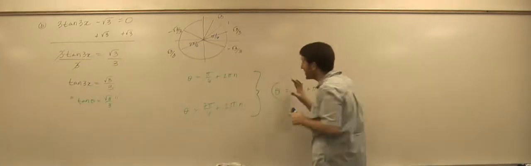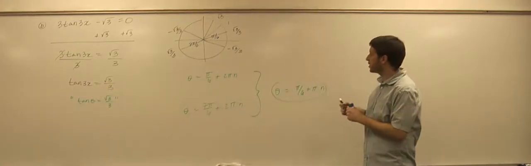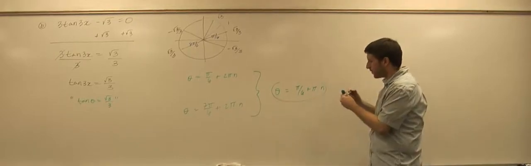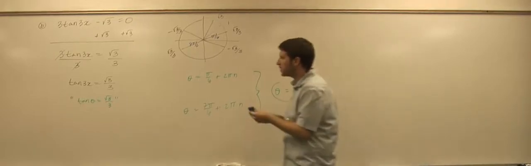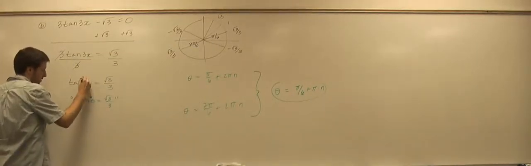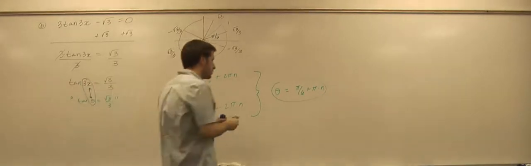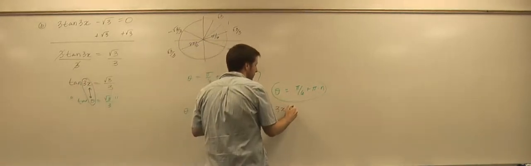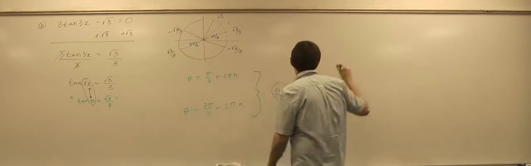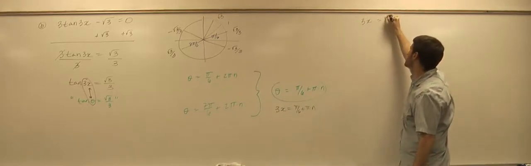So then how do I translate that back to my x's? 3x equals, if theta is equal to this, well, theta and 3x are the same thing. That's what I'm saying right here. So you can think of this as 3x equals pi over 6 plus pi n. And that's what you have to solve. That'll get you your x answers.